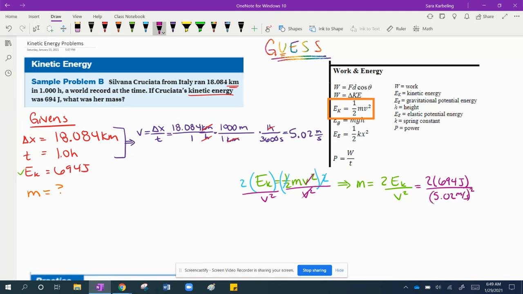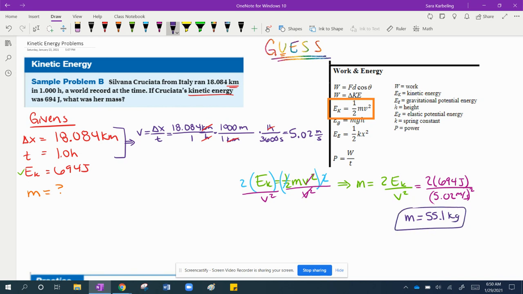Don't forget to square that 5.02. If you do, it's not going to work out. So make sure that you do that. And then plugging that in, we should be able to find that the mass of this runner was 55.1 kilograms. There you go.